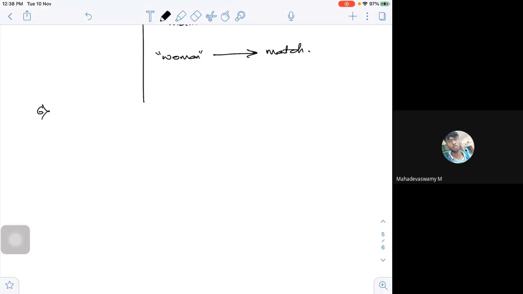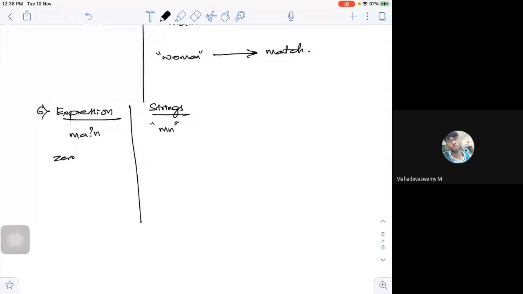So let us look at this kind of expression, that is M, A, question mark, N. Let us look at some strings, same thing, M, N. What does it mean actually? It can be 0. Whenever I put a question mark, there can be 0 occurrences or 1 occurrence. That's it.